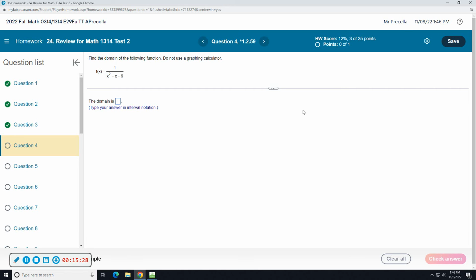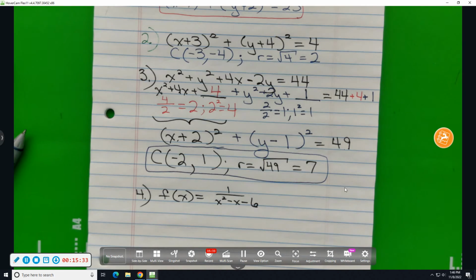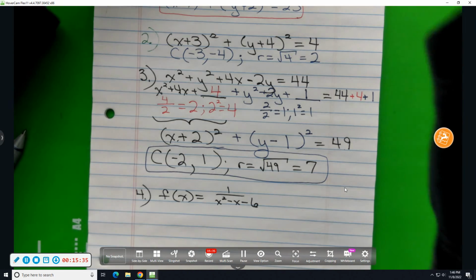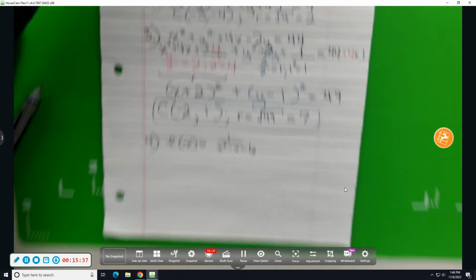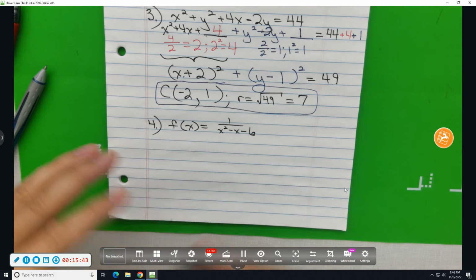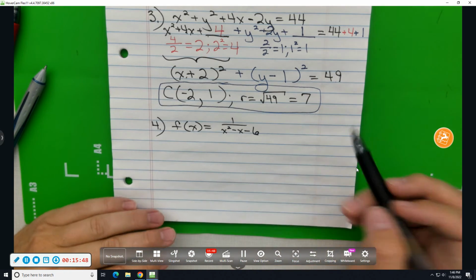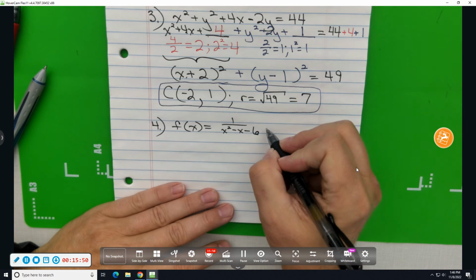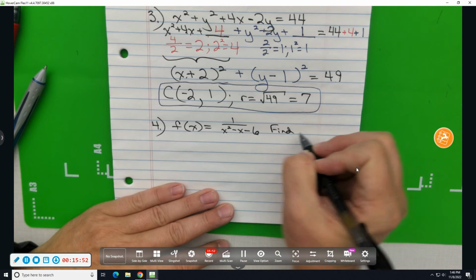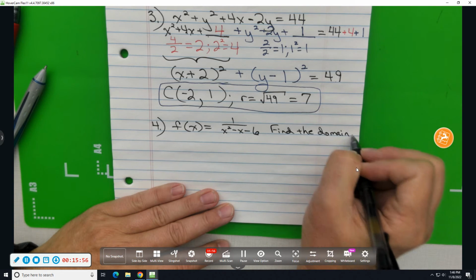Okay, let me switch to my paper. When I'm trying to determine the domain, the first thing I do is ask myself, will the function produce imaginary numbers?